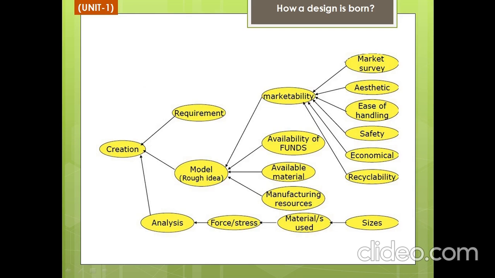Requirement means, for which type of class. Suppose we are thinking about a product like Byju's, the learning app for 5th or 6th standard. Here the requirement is the age group of 10 or 12 years.